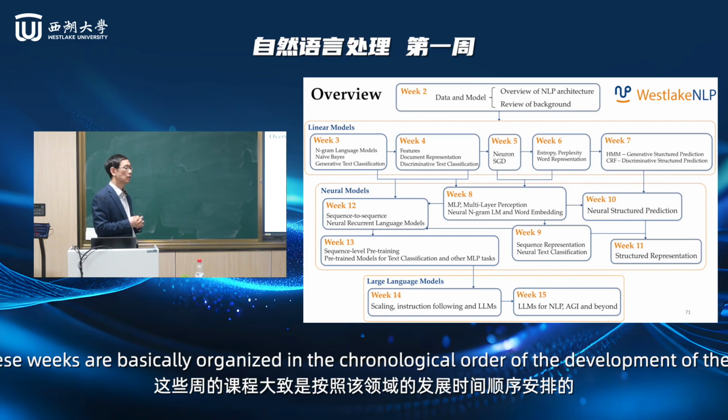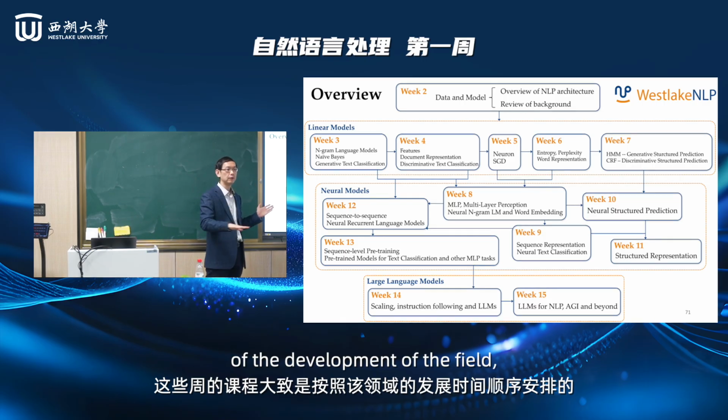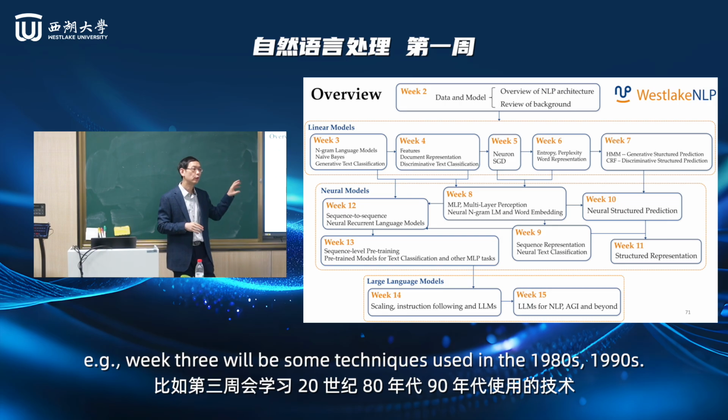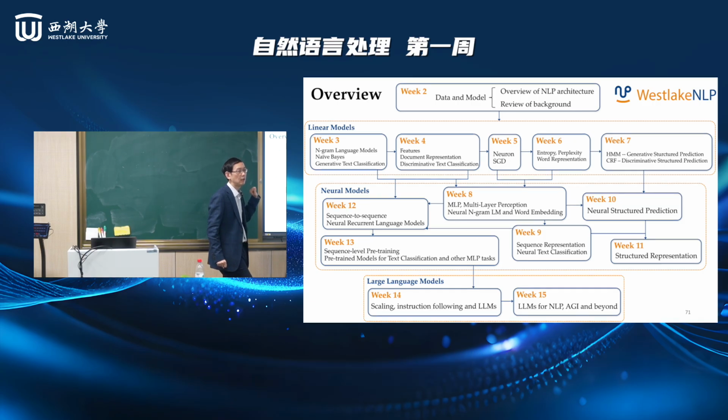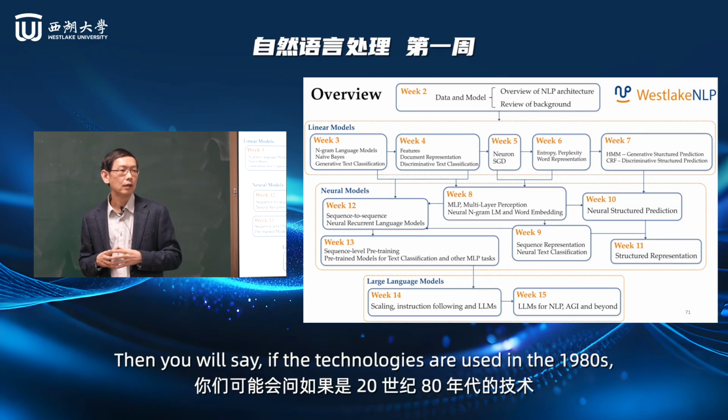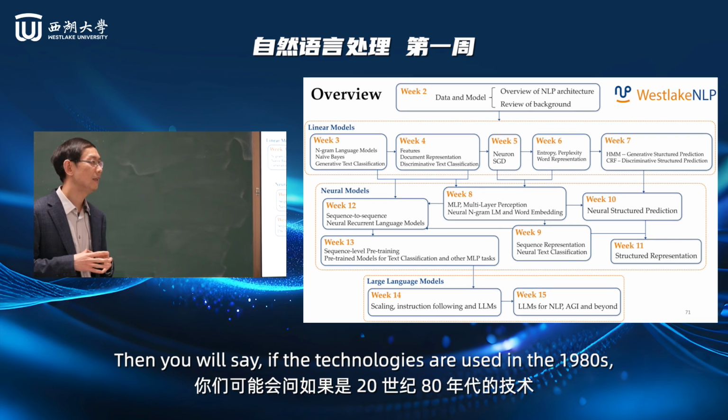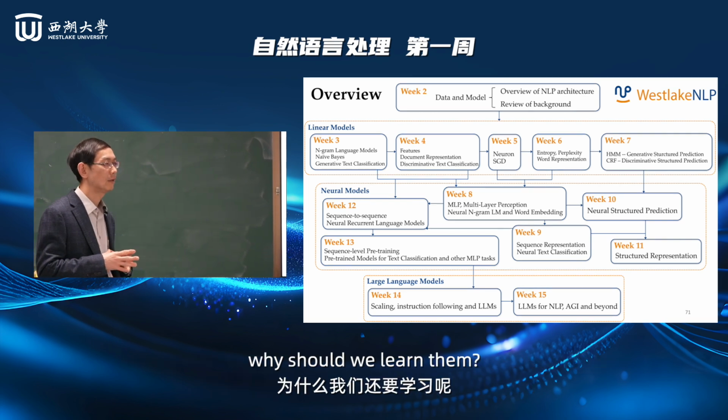These weeks are basically organized in the chronological order of the development of the field. For example, week 3 will be some techniques used in the 1980s and 1990s. Then you will say, if the technologies were used in the 1980s, why should we learn them?